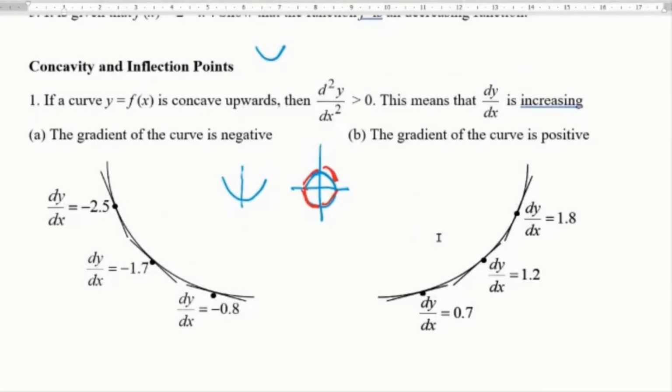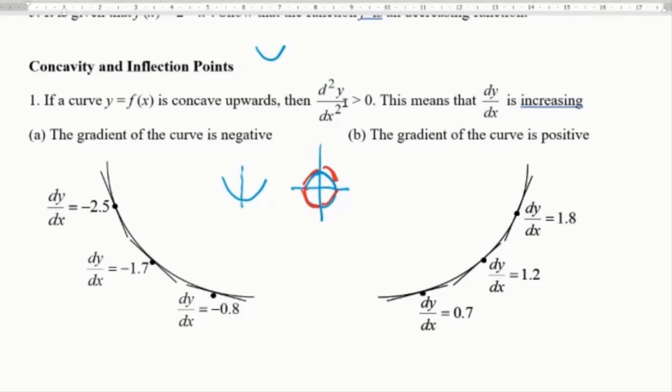All right, by using calculation, concave upwards is d2y/dx² greater than 0. When you calculate d2y/dx² greater than 0, you only know the curve is concave upward. You do not know whether it's negative concave upward or positive concave upward.